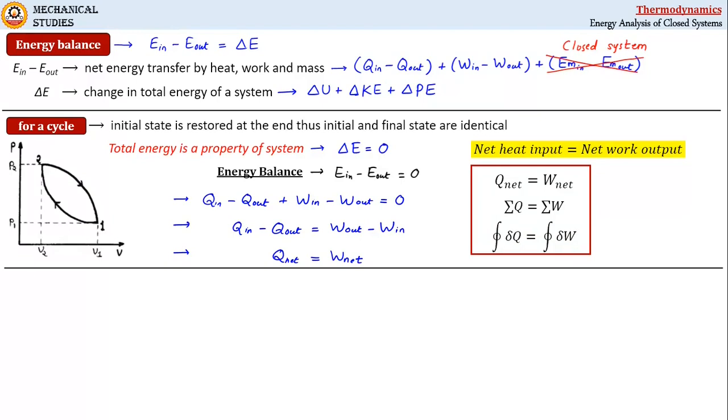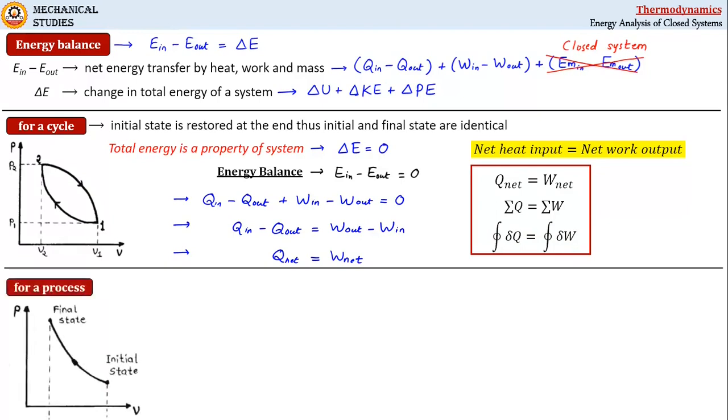Now let's consider here a closed system undergoing a process in between initial and final states like this. So here this is initial state and this is the final state through which system proceeds.